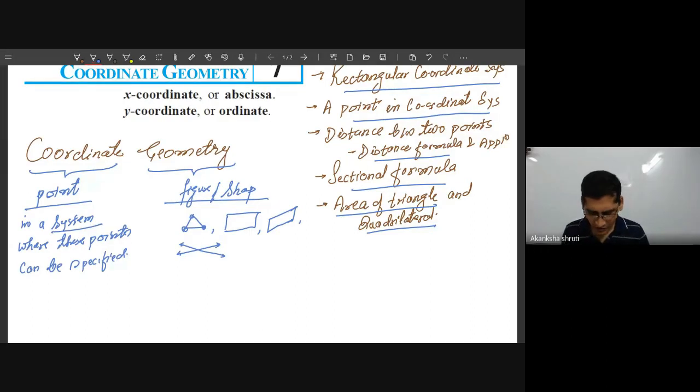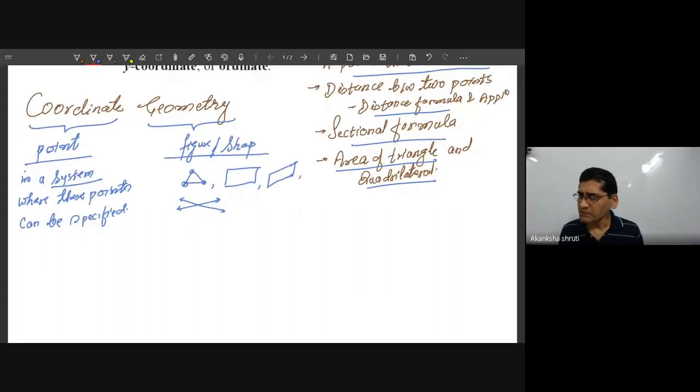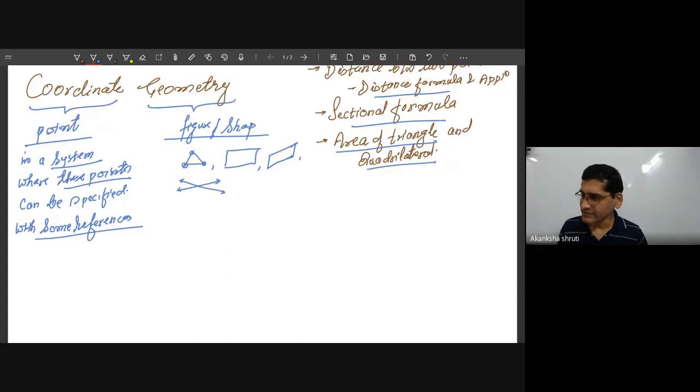Some thing is taken as a reference and any point can be specified with some references. Students, what are these references and how are the points specified, that we have to learn. By that we can understand why coordinate geometry is different from geometry. So do not think it is just geometry. No, it is a different kind of geometry.